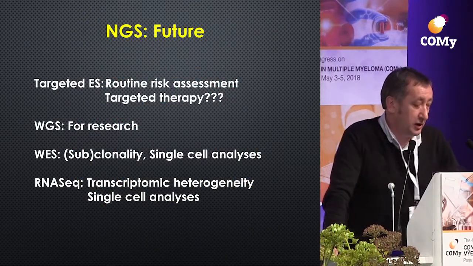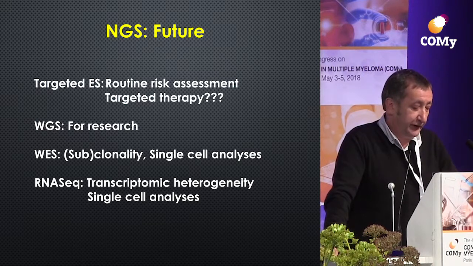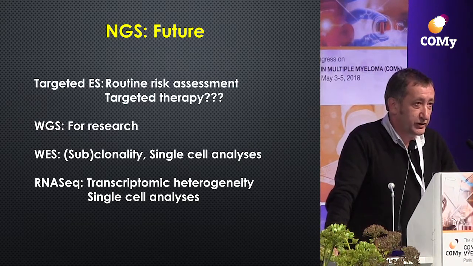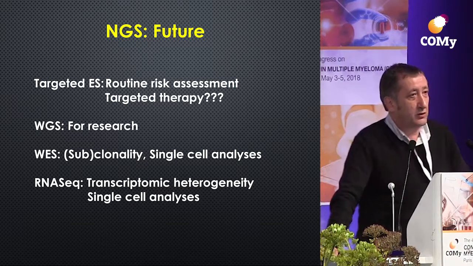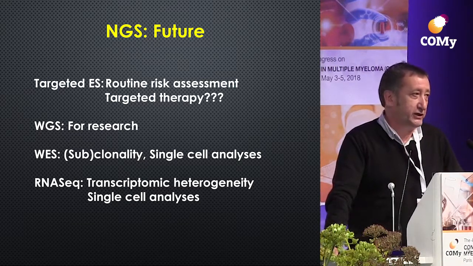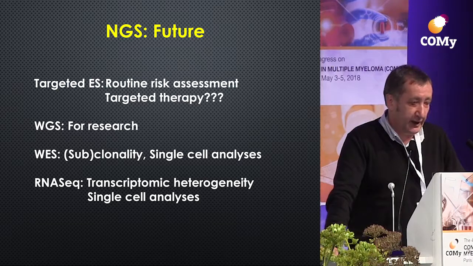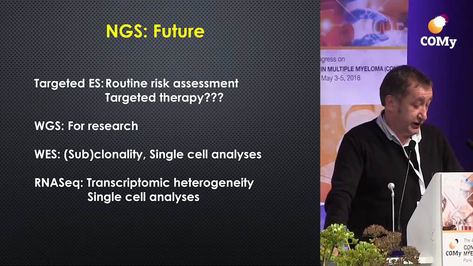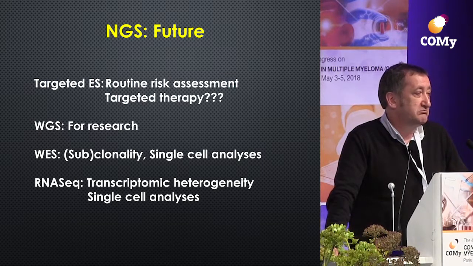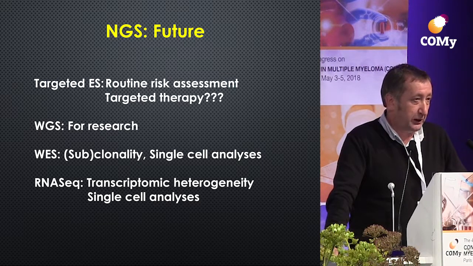For the future, I think that targeted exome sequencing will be the standard of care for many patients, at least in Europe, the US, and Canada, because it is still a little bit expensive. Will it be useful to select patients for targeted therapy?